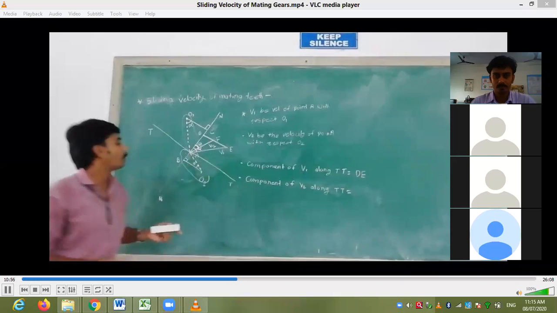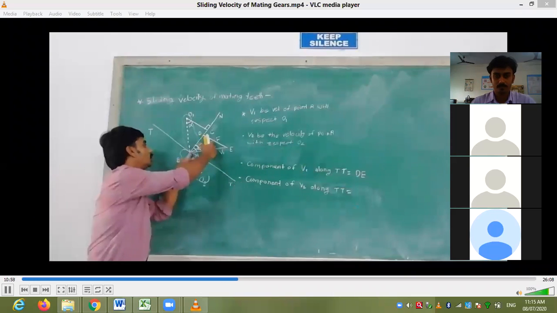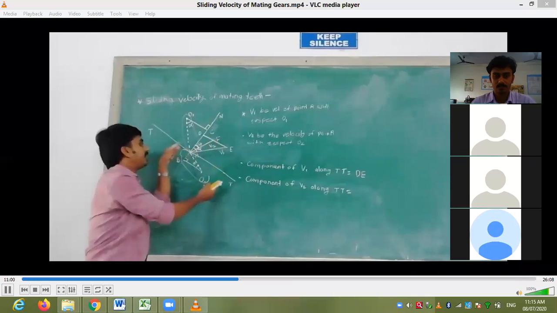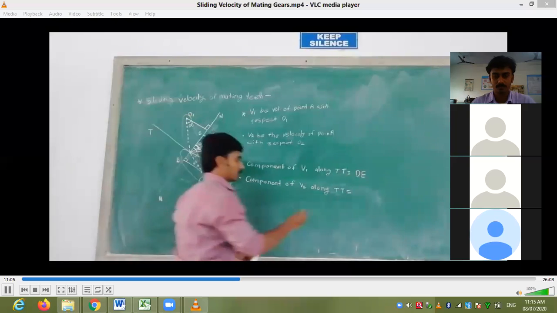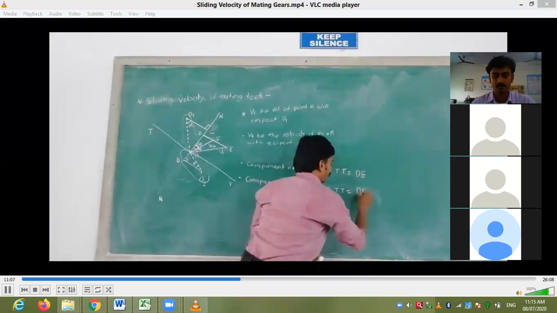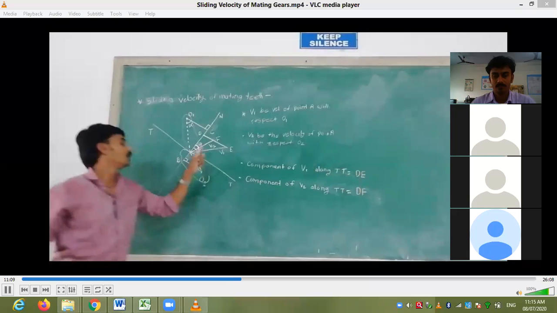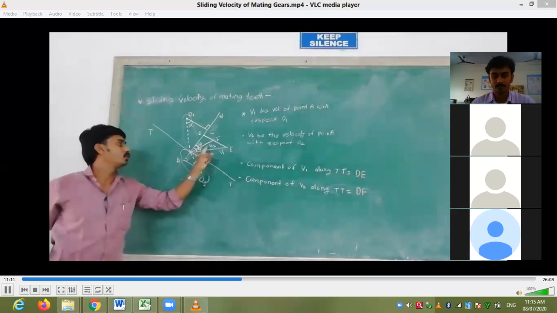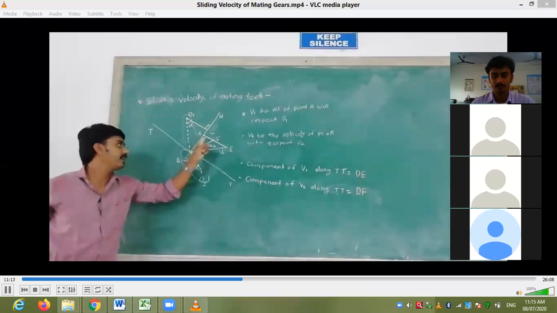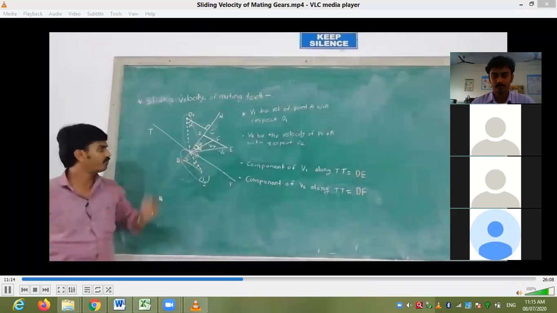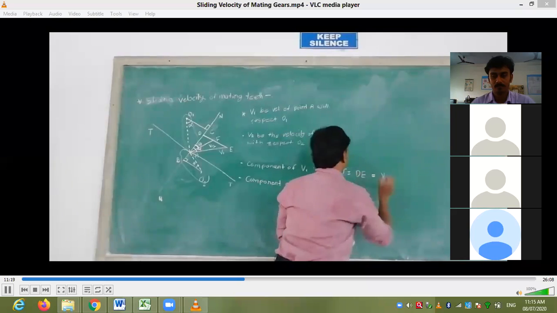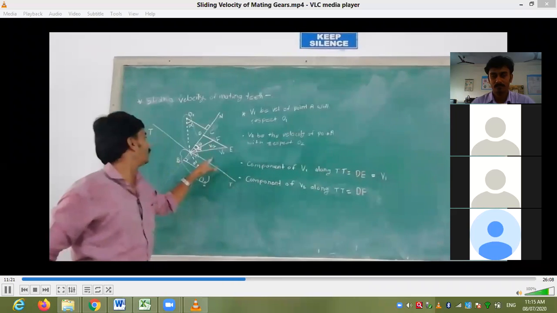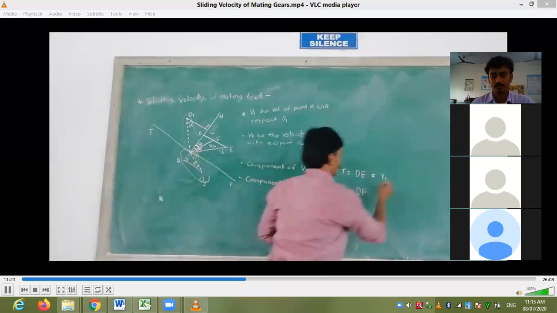The velocity component of V2 along TT is DF. And from the figure, DE is equal to V1 into sine of alpha.